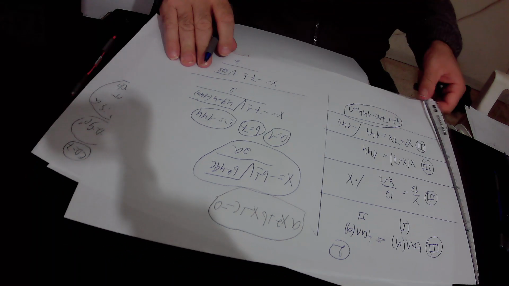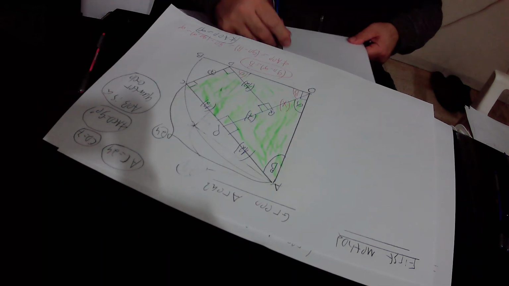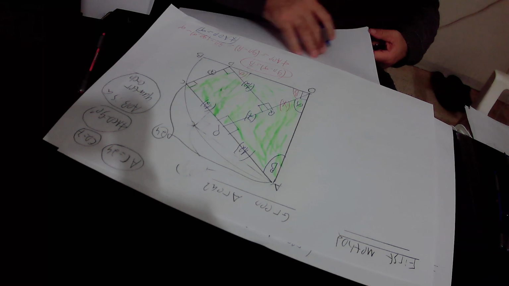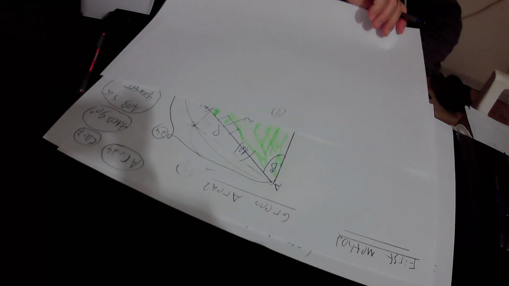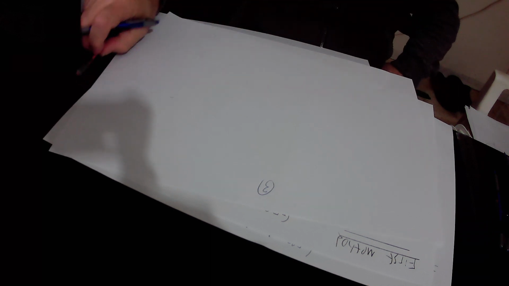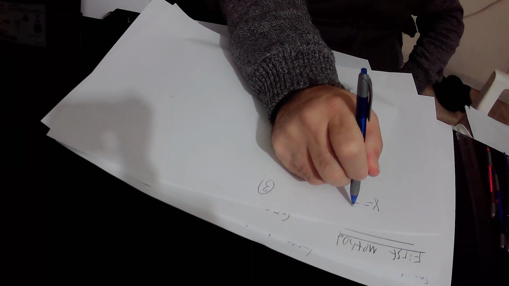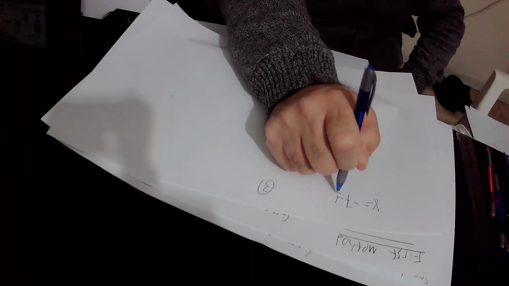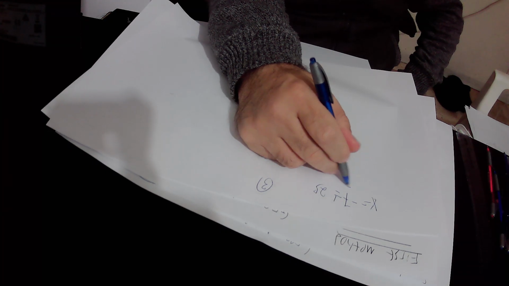So we found out that x equals minus 7 plus minus the square root of 625, which is 25, over 2.